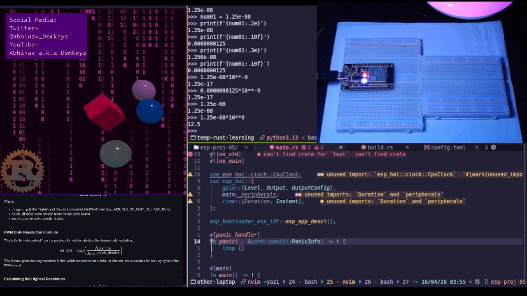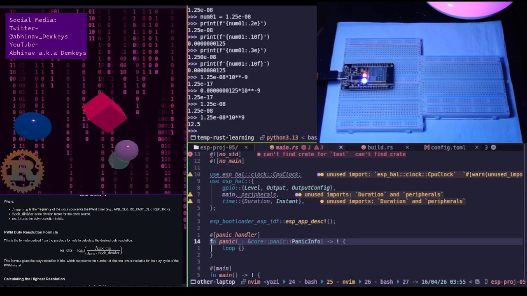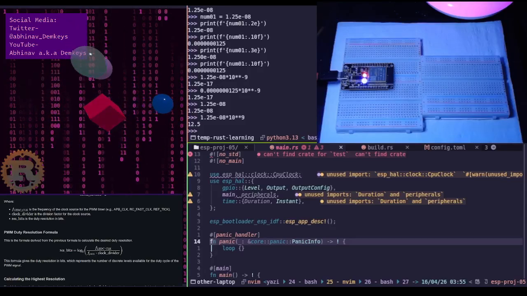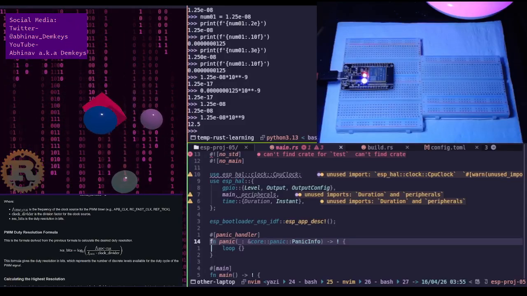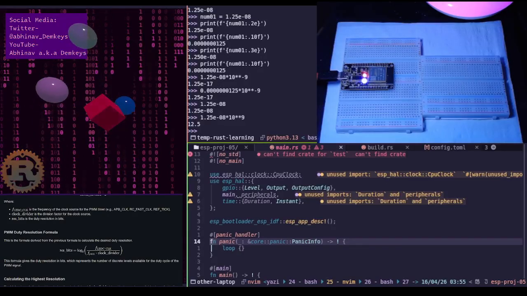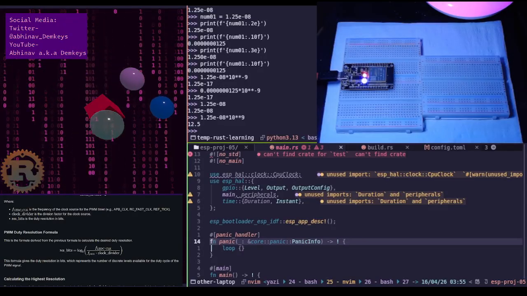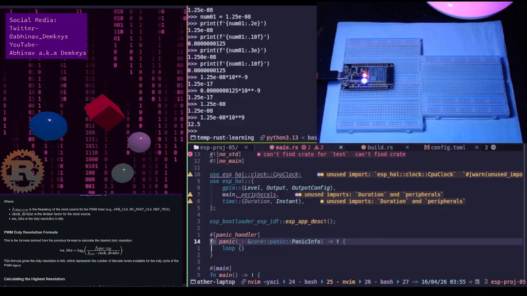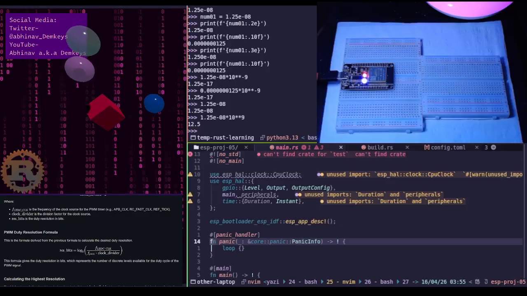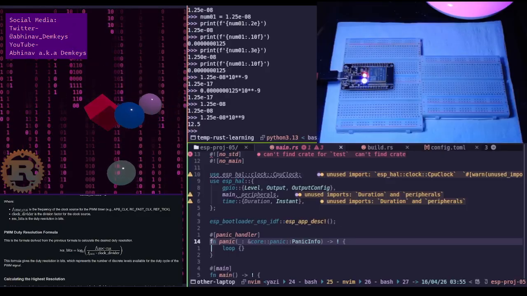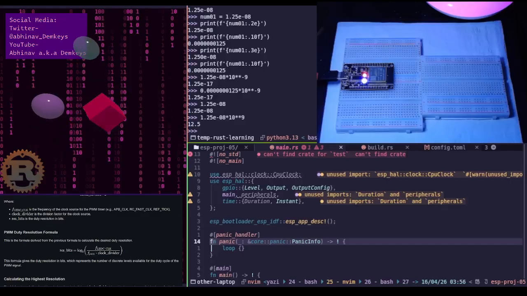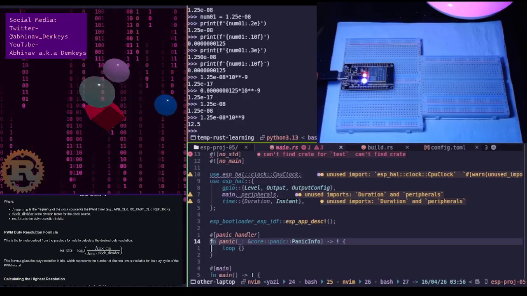So as you increase the voltage, you'll notice that the current flowing from the collector to the emitter increases. This is great. This is awesome for multiple reasons. This is amazing. I'm going to remember this. I'm going to keep this in mind.